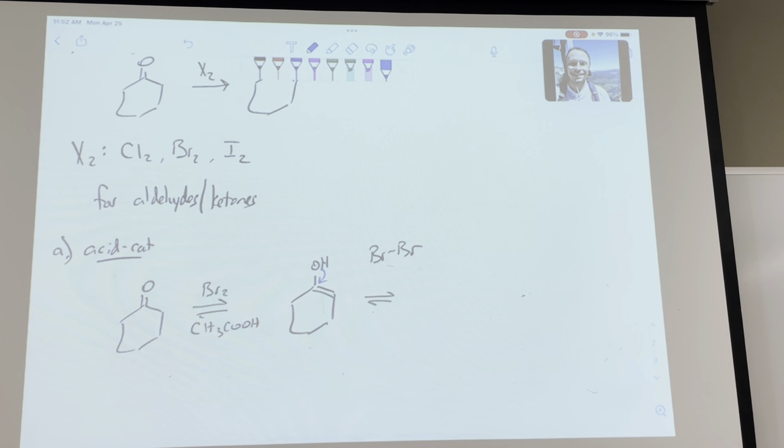Electrons come down from the oxygen and get kicked out of the alpha position. And then all you have to do is a minus H plus step. Reform the acid catalyst, and you end up making the alpha halocarbonyl.